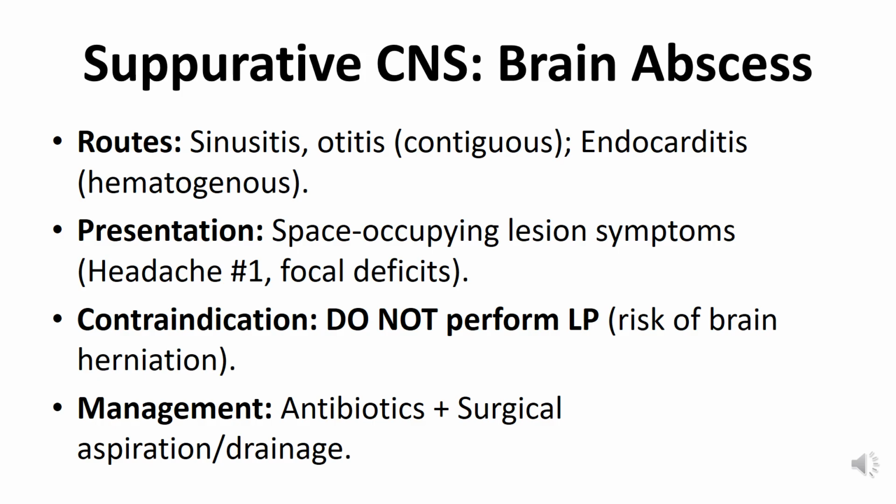Another important route is hematogenous spread. In this situation, bacteria travel through the bloodstream from distant sites of infection. Infective endocarditis is a classic example. Vegetations on infected heart valves can release septic emboli that lodge within cerebral blood vessels and seed the brain, eventually forming abscesses.